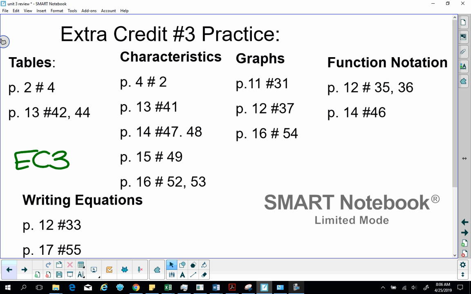And there's not going to be many opportunities for extra credit because the point of this extra credit is to make sure you're overly prepared for the milestone. So once the milestone is over, there really isn't this incentive for us to give extra credit. So you want to make sure you're taking advantage of these opportunities. So you're writing EC3 down on each one.